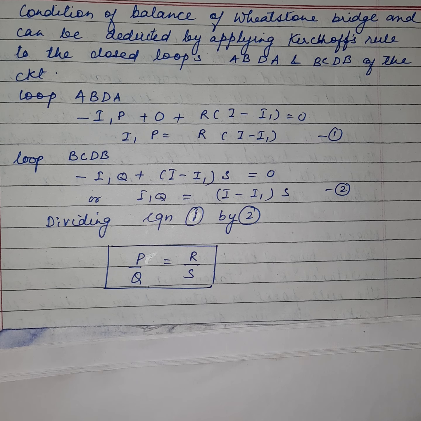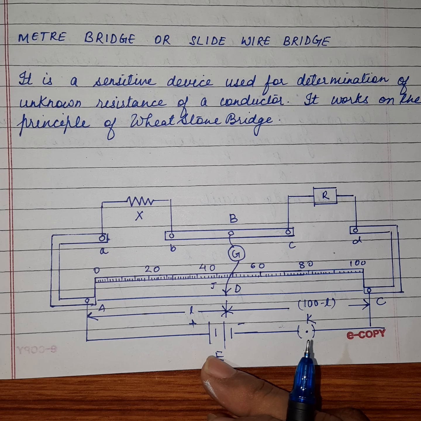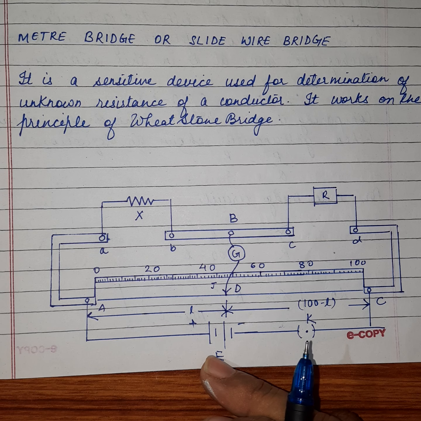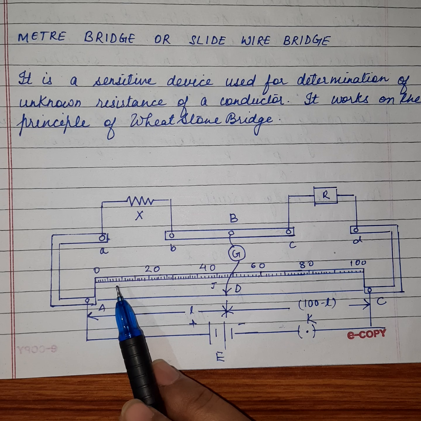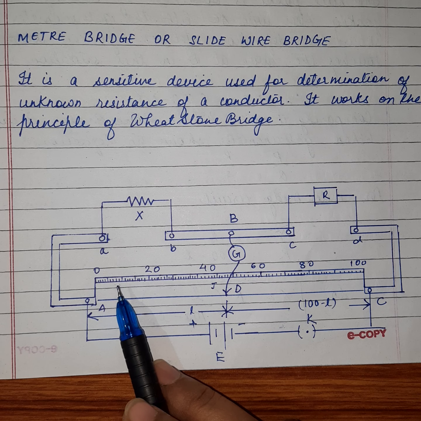Next is a Metre bridge or slide wire bridge. It is a sensitive device used for determination of the unknown resistance of a conductor. It works on the principle of the Wheatstone bridge. Construction of this Metre bridge: it consists of a 1 meter long wire of uniform cross-sectional area made up of constantan or manganin.